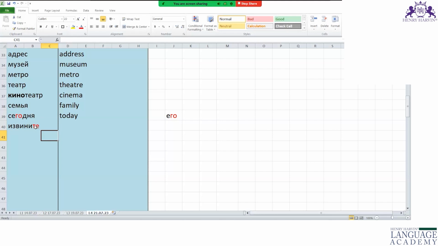Извини when you speak to a person using informal language, and извините is polite. Like здравствуй, здравствуйте. Извини, извините, sorry, excuse me.